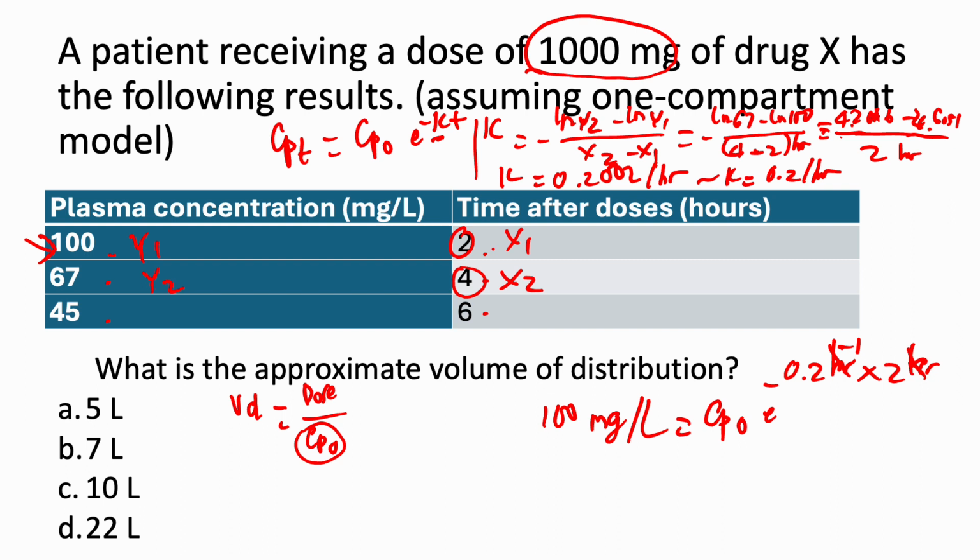So finally, I will have 100 milligram per liter equal to CB0 time. I will calculate here separately exponential minus 0.2 times 2. So this means exponential minus 0.4. This equal to 0.6703.